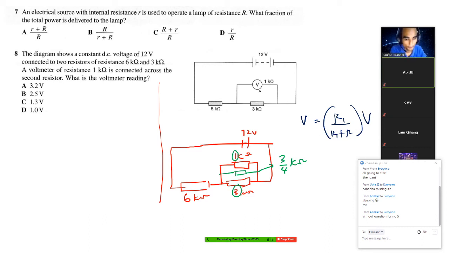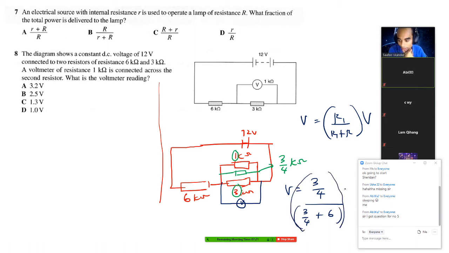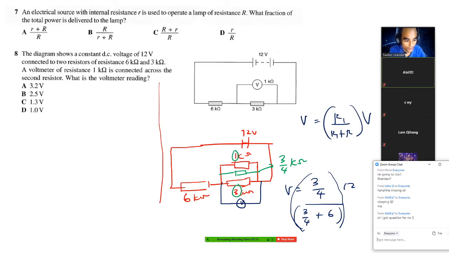So this R is 3 over 4, divided by 3 over 4 plus 6, and the total EMF is 12.